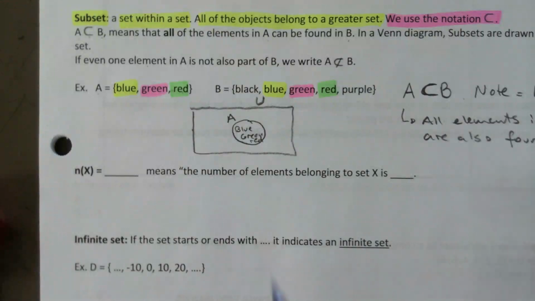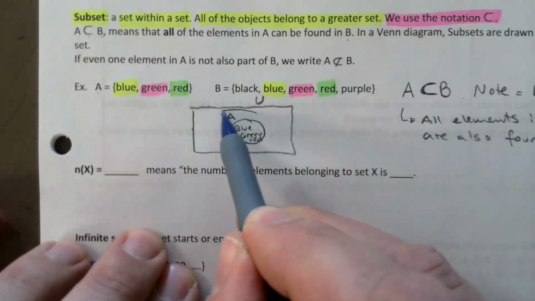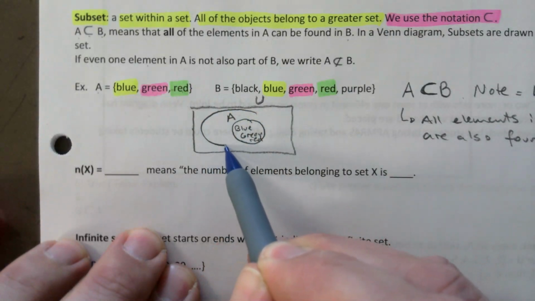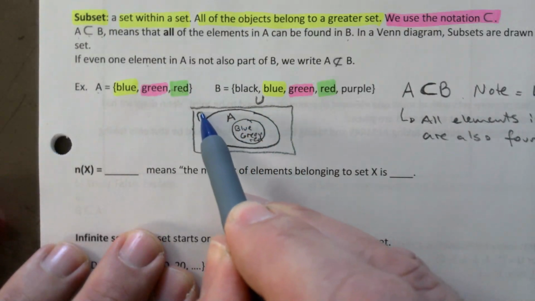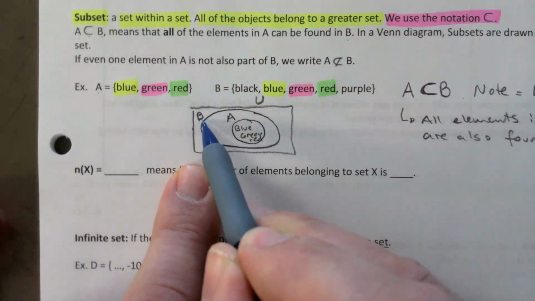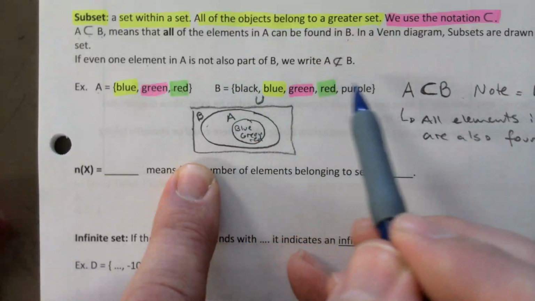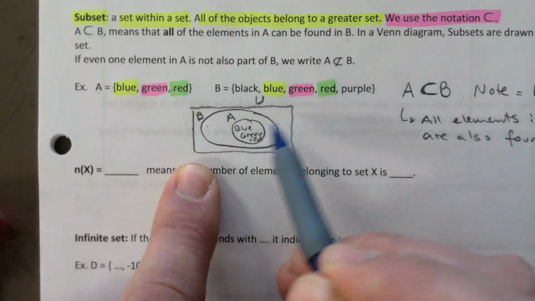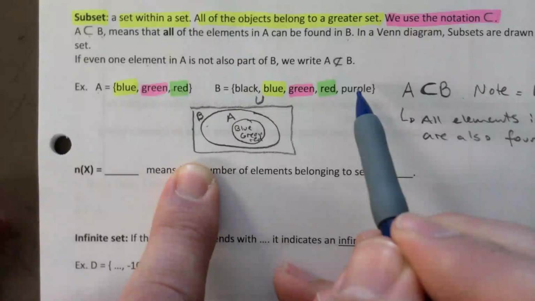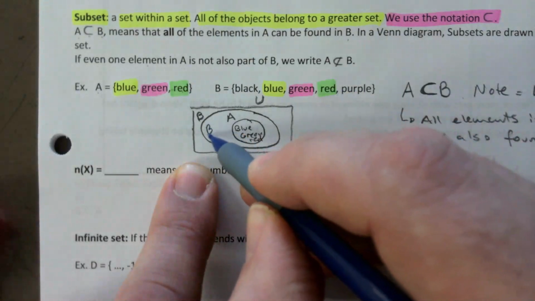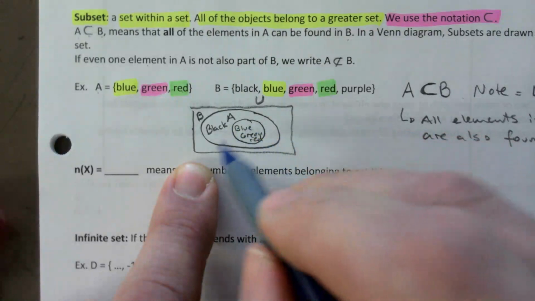Blue, green, red. And watch this. We make a bigger circle. It could be an oval, it's fine. And that is going to have the letter B just outside of it like that. And so set B, this one here, has blue, green, and red. So we have that already in our diagram. So we still need to have black and purple outside of that A oval.